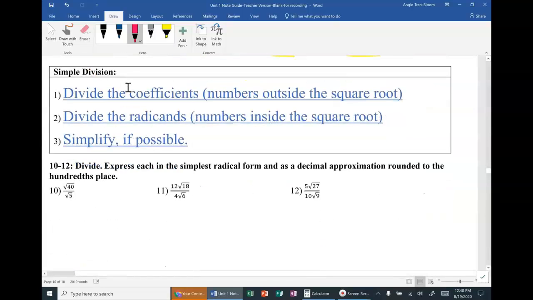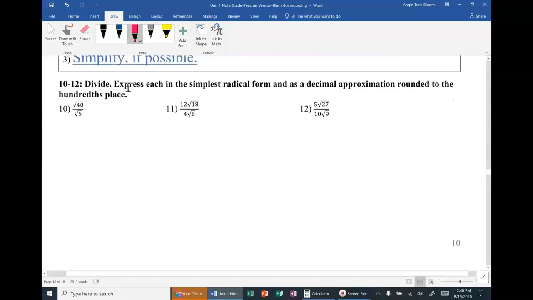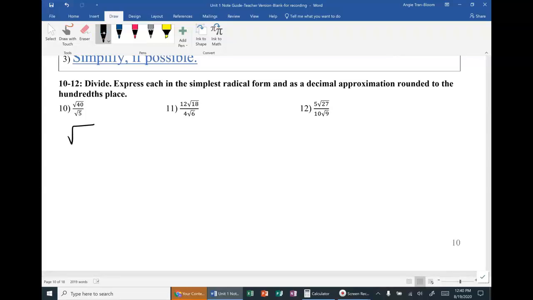Simple division. Divide the coefficient, divide the radicand, and of course in mathematics you have to simplify. Instructions the same, give me the exact simplest radical form and then decimal approximation. So in this one, since our coefficients are both 1s, I only need to worry about the radicands. So 40, I'm going to make this radical bigger.